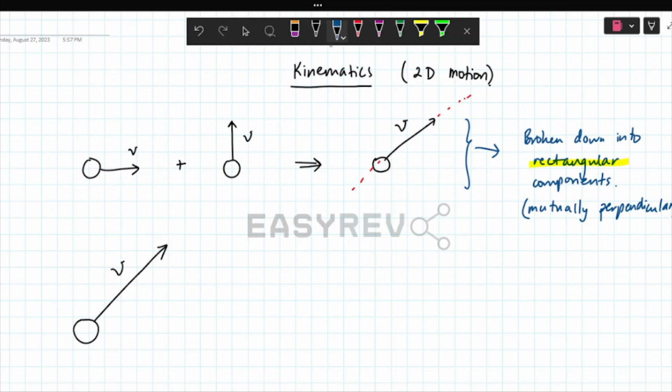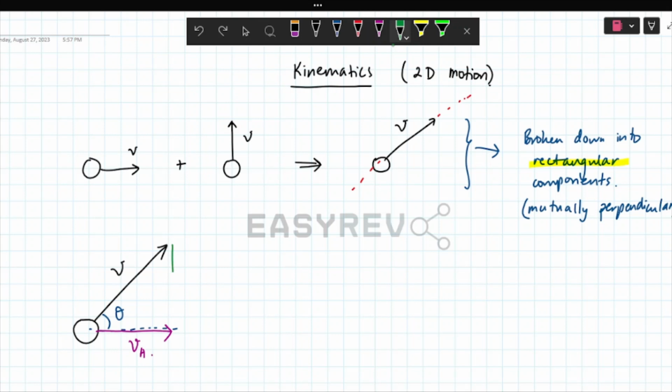Since this is tilted, we can represent this amount of tilt in terms of an angle theta. Now, we can draw one side of this velocity vector v that's adjacent to this angle theta, which we can draw horizontally, vh. And then we can draw one that's mutually perpendicular to this horizontal velocity as follows.